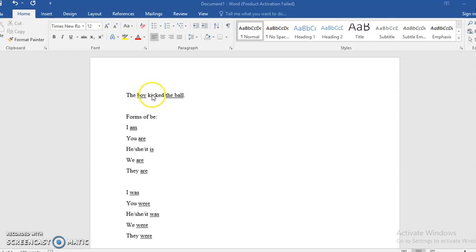So whereas the boy is the person performing this action, is kicking, the ball is the object that's receiving the action. It's the thing that's being kicked. So the thing is, these two words play different roles in the sentence. This is the thing doing something. This is the thing that's being acted upon, right?